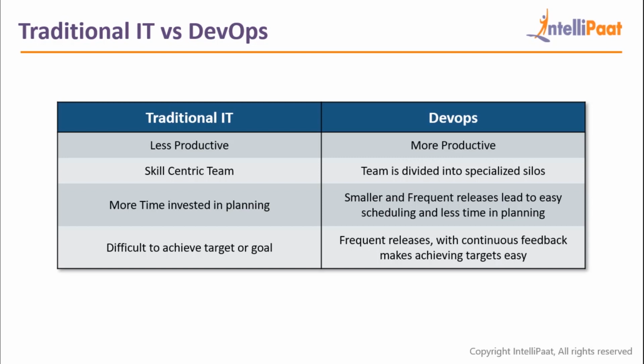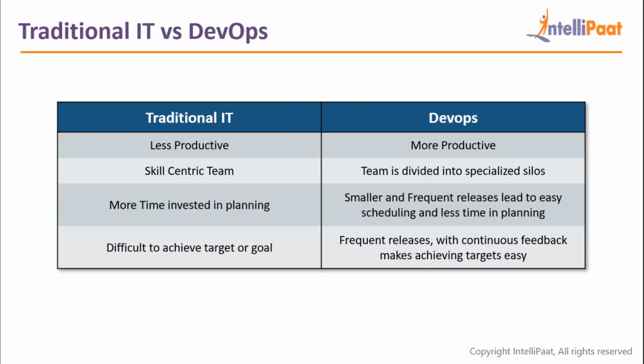And then in traditional IT, we had a skill-centric team. Each team was skilled in a particular territory, and we had a lot of teams in our organization working on different things. Now in DevOps, the smaller teams are also specialized in different domains based on silos, based on the technology.